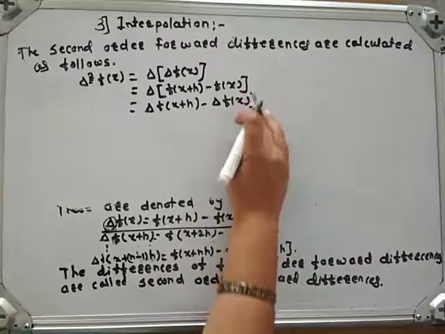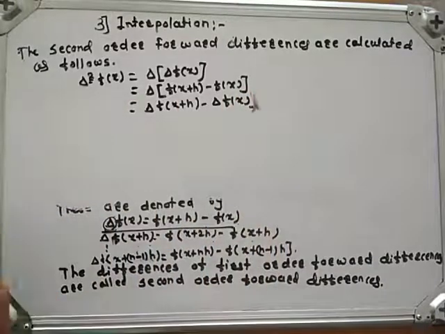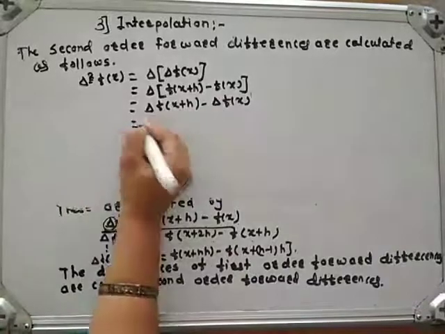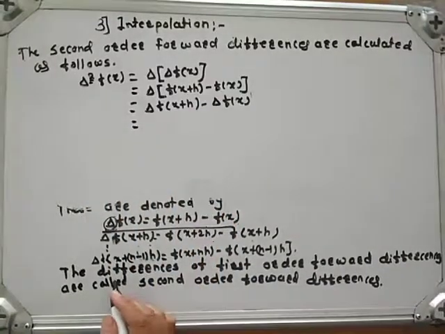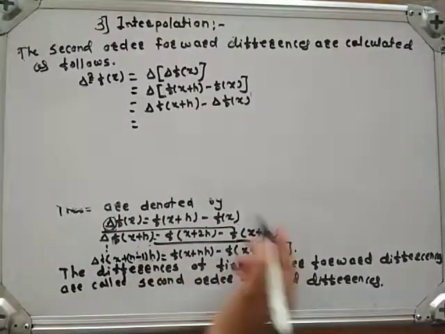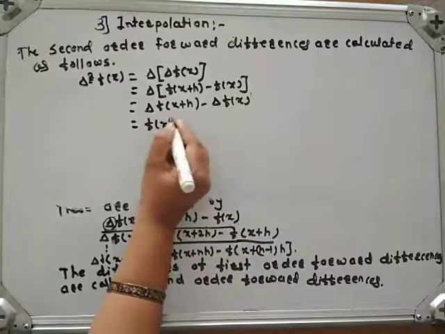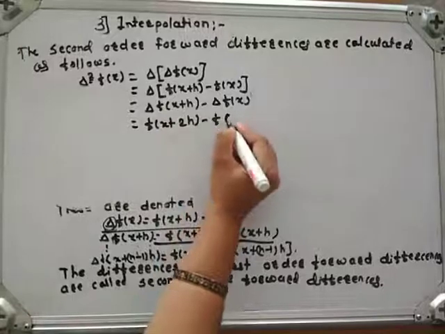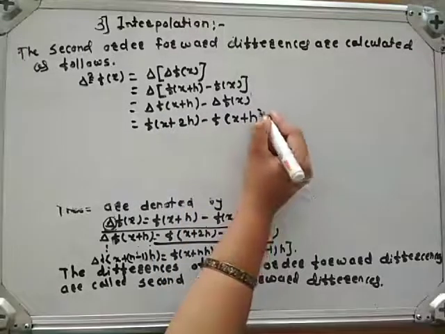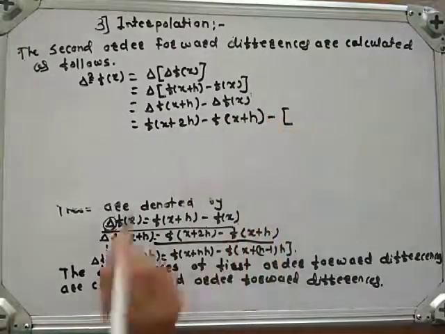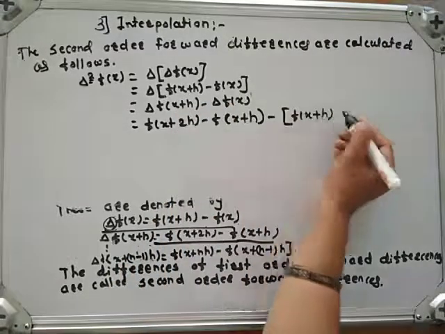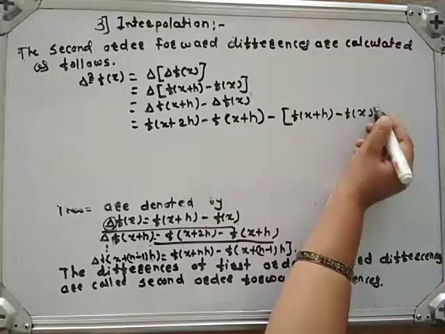Means we operate delta on f of x plus h and f of x. Now what is delta f of x plus h? It is f of x plus 2h minus f of x plus h, minus delta f of x, which is f of x plus h minus f of x.